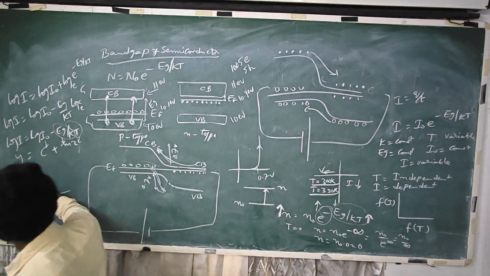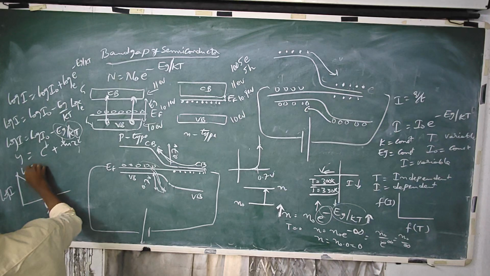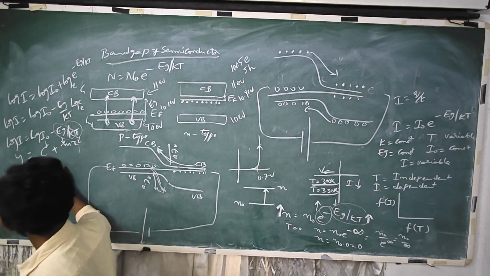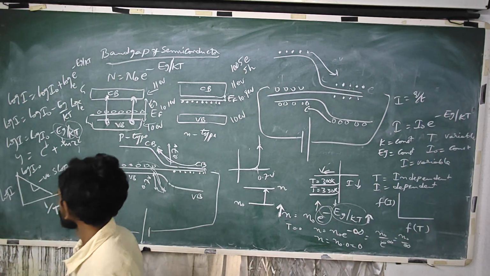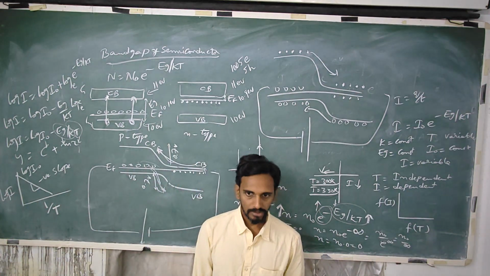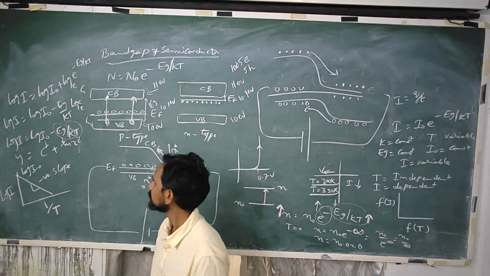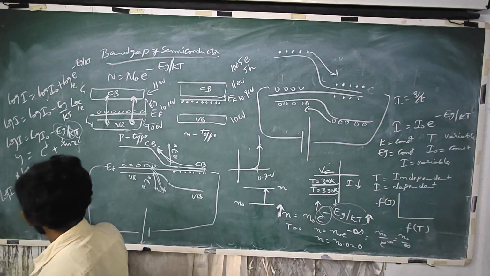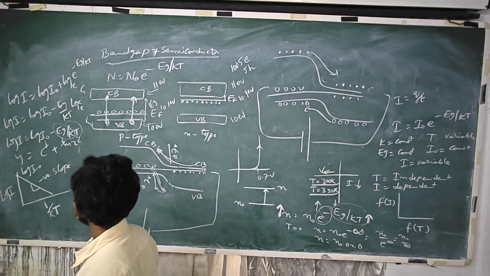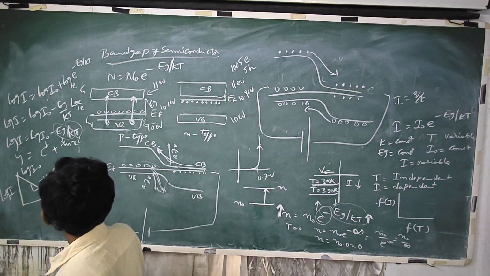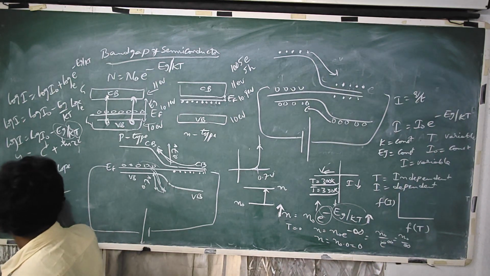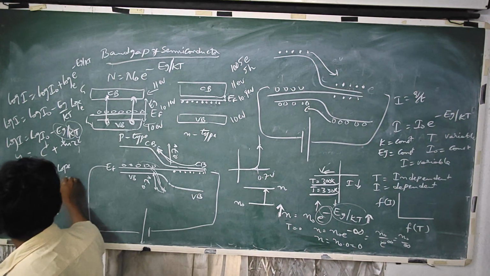So what is that slope? Minus Eg by k. So if I draw a graph with 1 by kT, life will be even easier, and I'll be left with minus Eg as the slope.